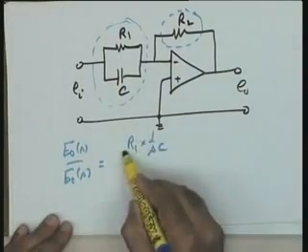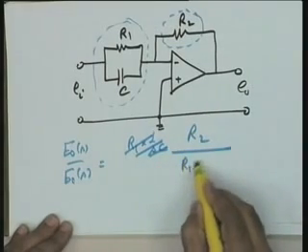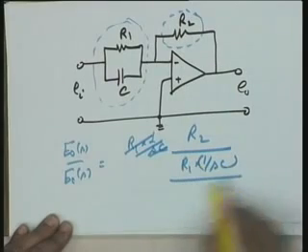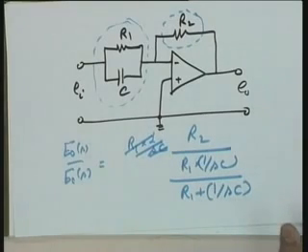So, first let me take this as R2 divided by this impedance, R1 into 1 by SC divided by R1 plus 1 by SC. I want you to manipulate and get convinced that it is a PD circuit, proportional derivative circuit. Just the manipulation of this equation will give you a proportional derivative circuit, where the two constants will turn out to be in terms of the circuit parameters, which are R1, R2 and C. Okay? I hope this manipulation will be easily done by you.